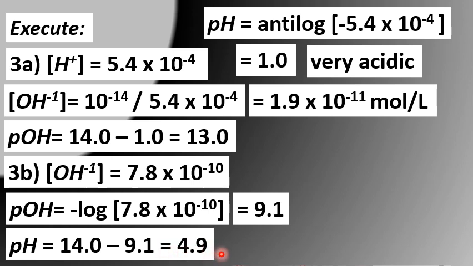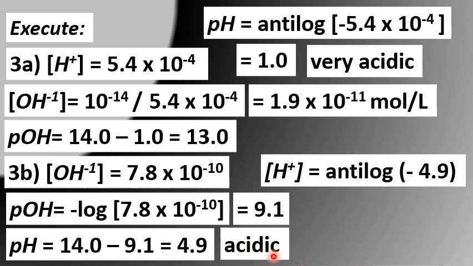So this solution is considered acidic, because its pH value is less than 7.0. And continuing with determining our positive hydrogen ion concentration using the formula, the antilog of negative 4.9.